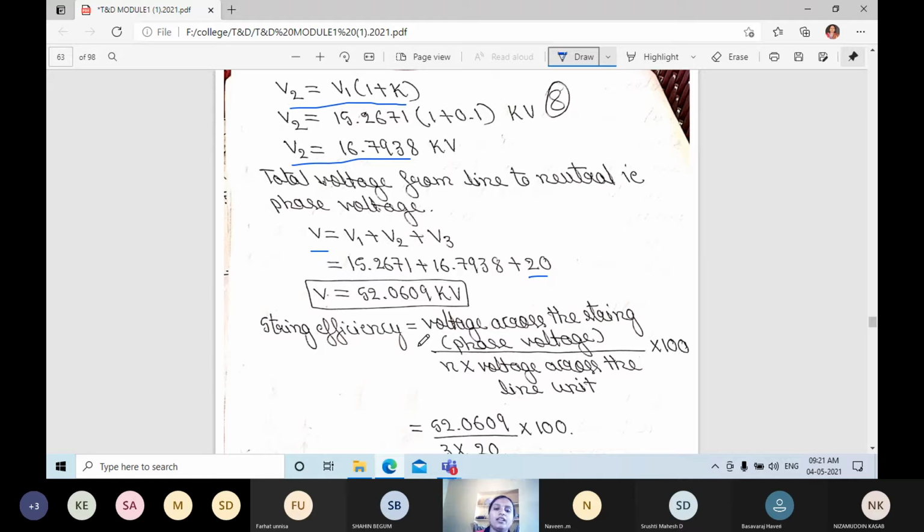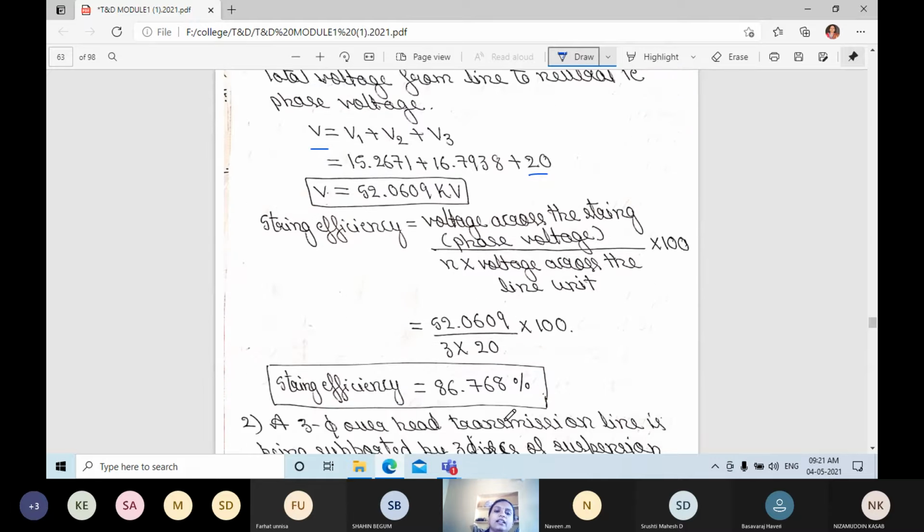N is equal to 3 here, and the voltage connected to the line is V3. So 52.0609, the total voltage value, divided by 3 into 20, V3 value is 20, into 100. You will get string efficiency 86.768%. This is the first problem.